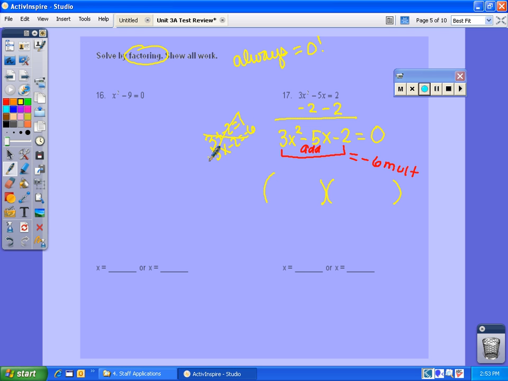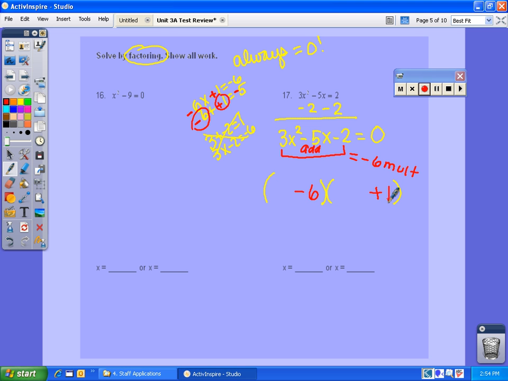So you should use the other factors of 6, which are 6 times 1. 6 times negative 1 is negative 6. 6 plus negative 1 is 5. Okay, well, that doesn't work because they're the wrong signs. So all I have to do is just change that to a negative and change that to a positive. And now I've satisfied the factors that I need, which are negative 6 and positive 1.